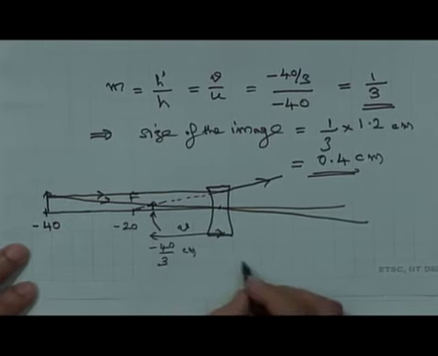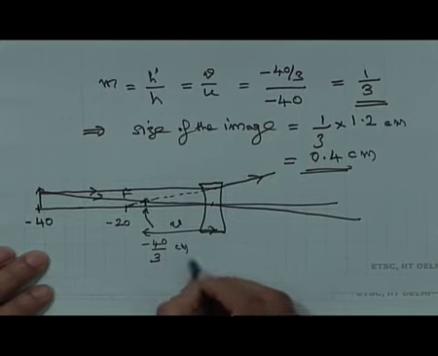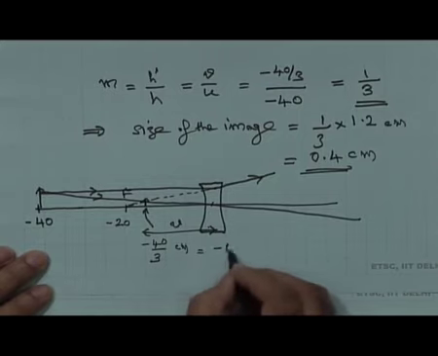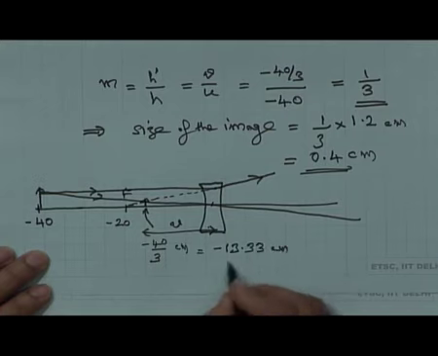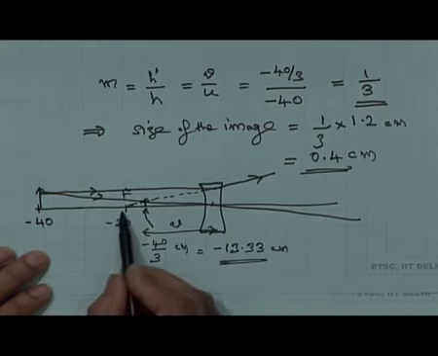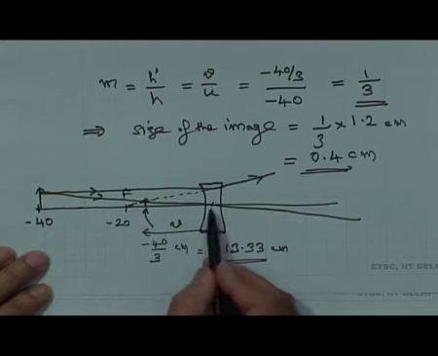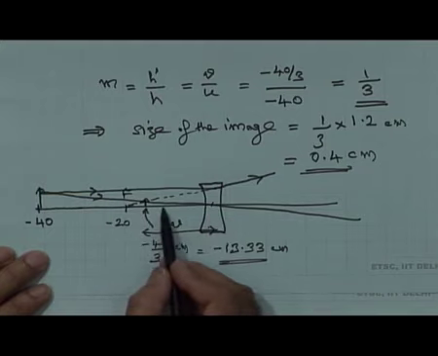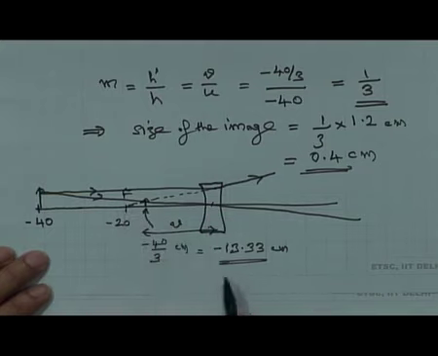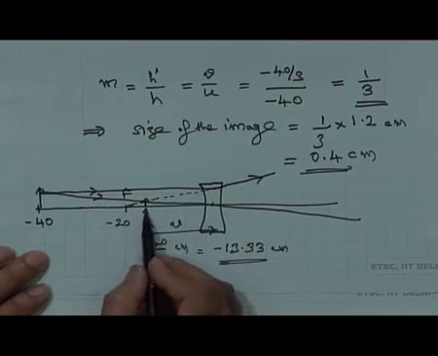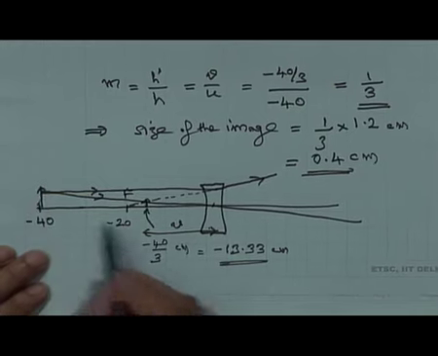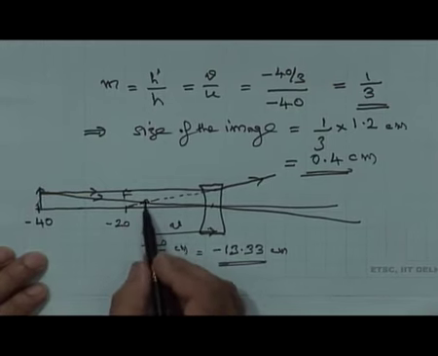40 by 3 is 13.33, that is actually equal to minus 13.33 centimeter. Obviously, we can see that it is below 20; here is 0 and here is minus 10, minus 20. So, it is approximately minus 13.3, and we see that the size is smaller; the original object is here and now the size is smaller.